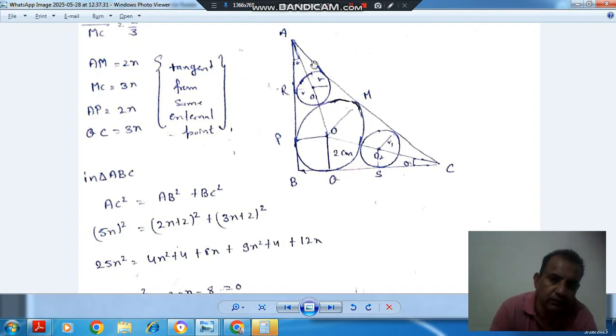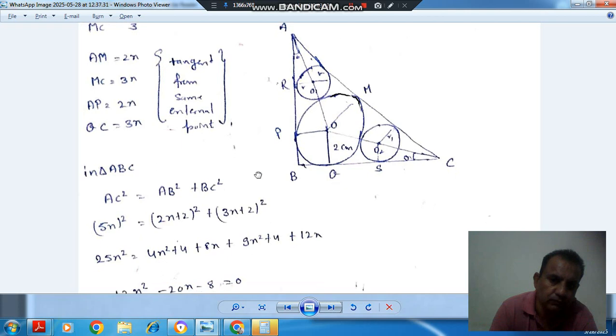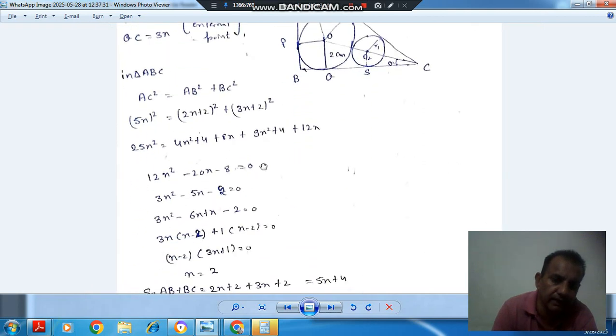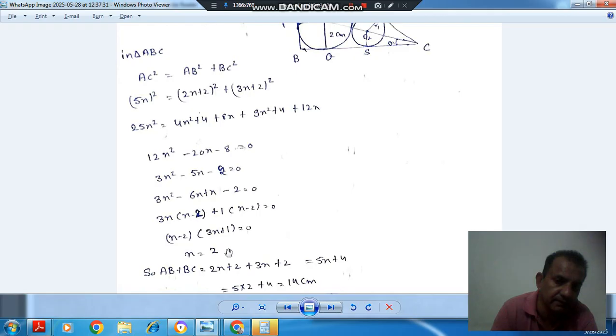AC is 2x plus 3x, that is 5x, and AB is AP plus PB, that is 2x plus 2, and BC is 3x plus 2. Solving this, we get a quadratic equation, and solving it we get x as 2.